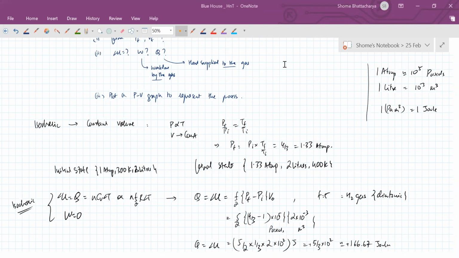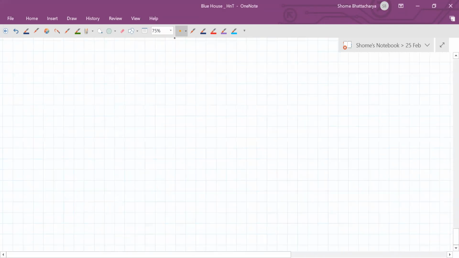Okay, so all this is understood. And now the final thing, the graph. As you can see, isochorically, the temperature is increasing. So it will be a vertical straight line.